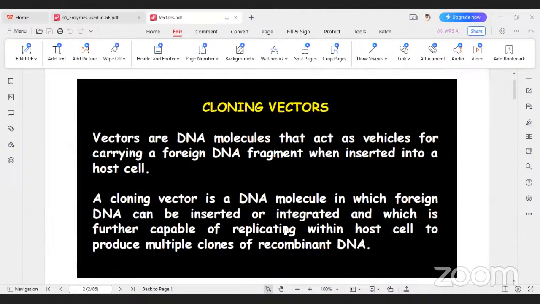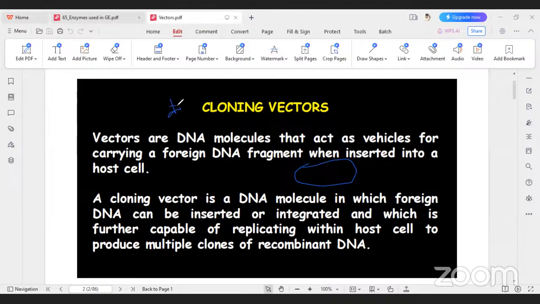Now, cloning vectors are DNA molecules that act as vehicles for carrying a foreign DNA fragment when inserted into the host cell. For example, this is the host cell.